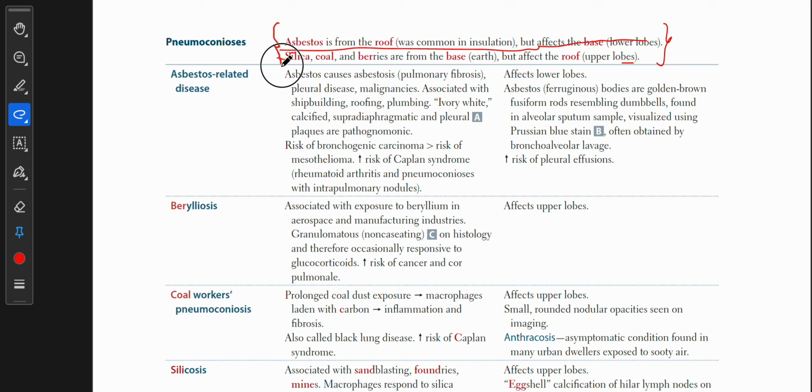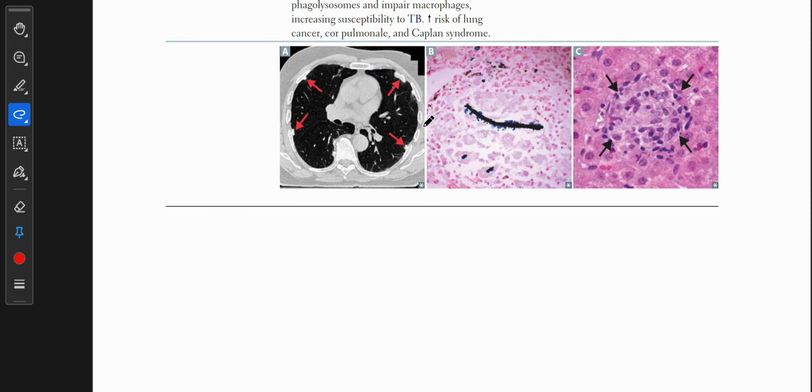Asbestos-related disease. Asbestos causes asbestosis, pulmonary fibrosis, pleural disease, and malignancies, and shipbuilding, roofing, and plumbing are very much associated with this disease. Also ivory white calcified supradiaphragmatic and pleural plaques are pathognomonic, like this ivory white, right?